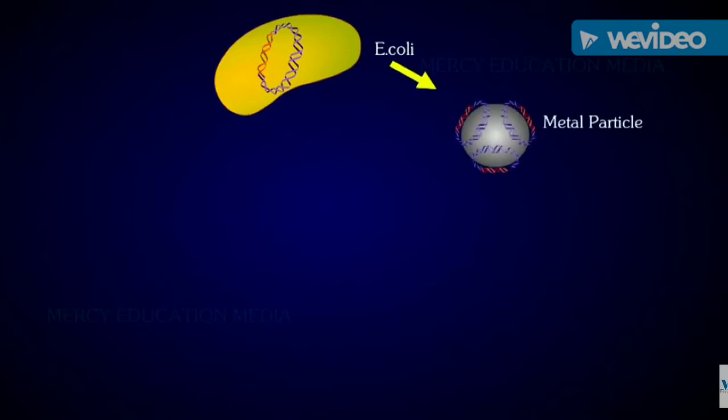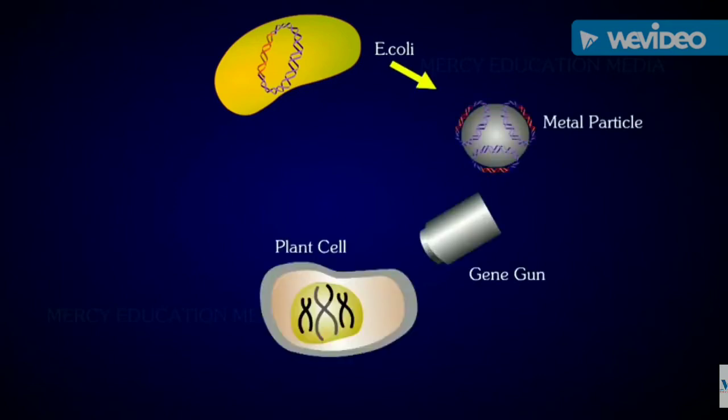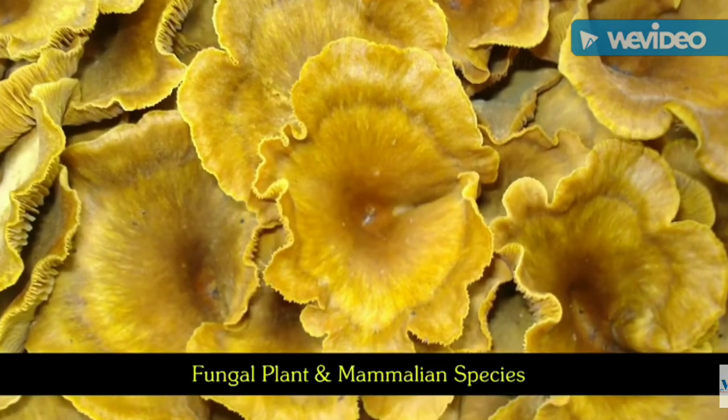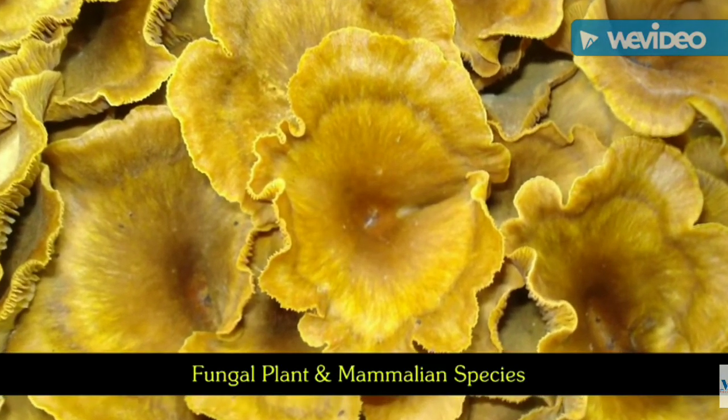The mechanical particle delivery or gene gun method delivers DNA on microscopic particles into target tissue or cells. The process is increasingly used to introduce new genes into a range of bacterial, fungal, plant, and mammalian species.